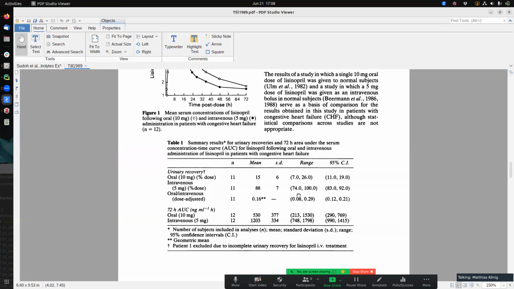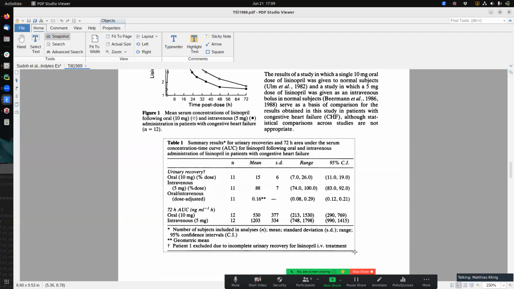After an oral dose, around 7 to 26% of the dose is recovered in the urine, and after an intravenous dose, 75 to almost 100% is recovered. This gives us some hints about what's happening with absorption, and it shows us that a large fraction of lisinopril is just lost after oral application, most likely going directly to the feces.